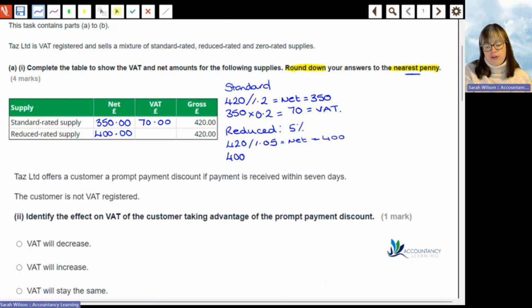And then we will do 400, and be careful here not to rush ahead because you want to times it by 5%, not 20%, which will equal the VAT of 20.